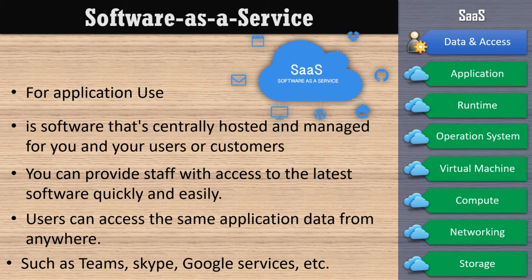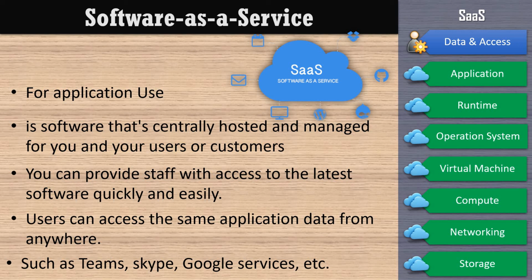So the main three models, once more, are IaaS, infrastructure as a service, where the cloud provider manages hardware and you manage software. Second, platform as a service, where the cloud provider is going to manage hardware and software, and you are just responsible for managing the application and the data access.